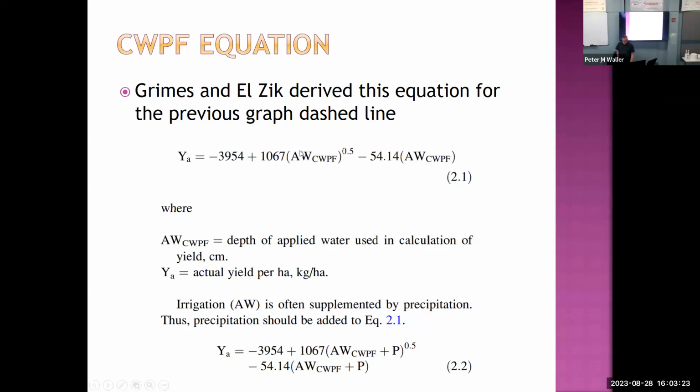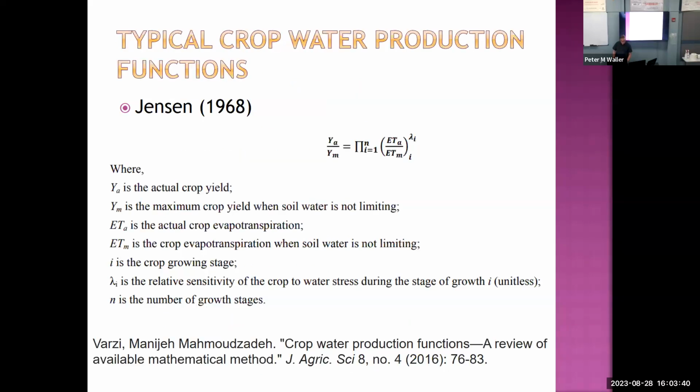Although Grimes and Elzick did not include precipitation, it makes sense that you would add precipitation into the equation, because that's water that's infiltrating into the soil and is useful for yield. So the typical crop water production function has the ratio of actual yield to maximum yield.